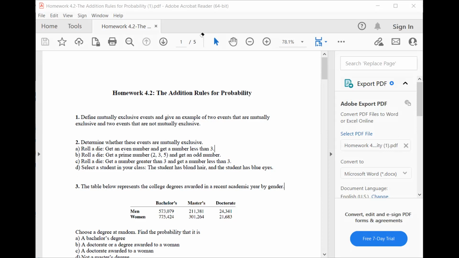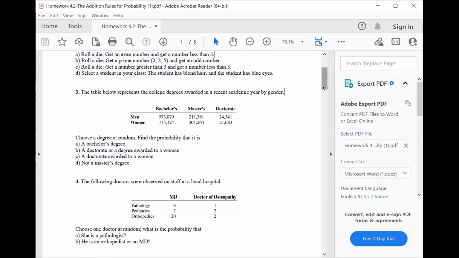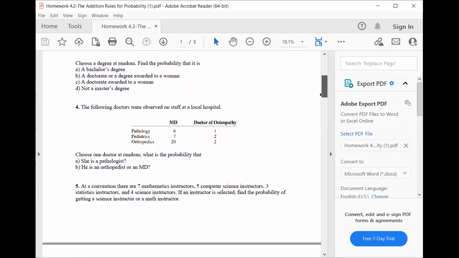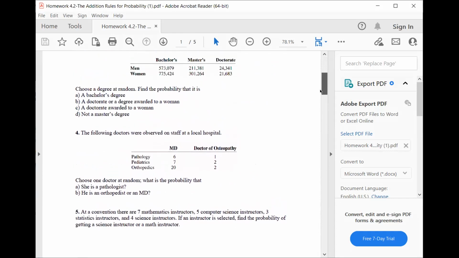But the table below represents the college degrees awarded in a recent academic year by gender. So let me scroll up so we can at least read this. Whenever you have a table like this, a lot of these problems, not all of them, have tables in them.